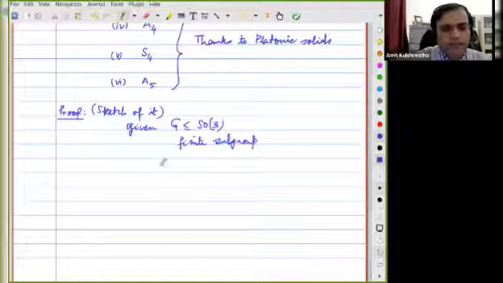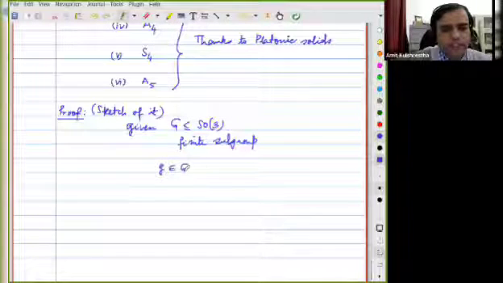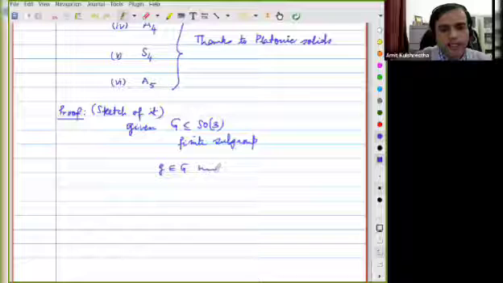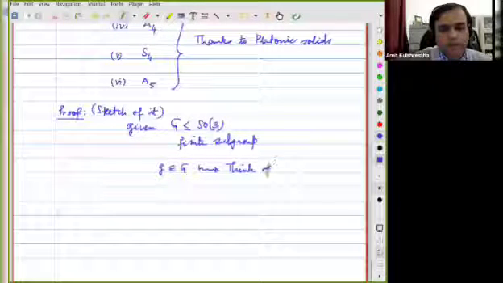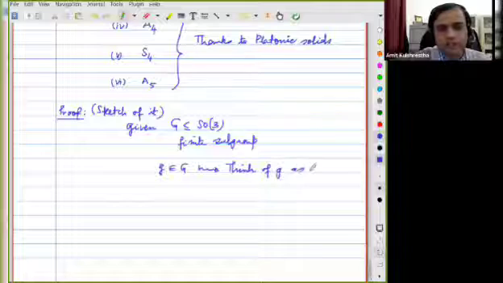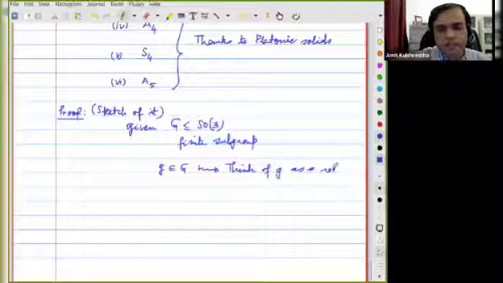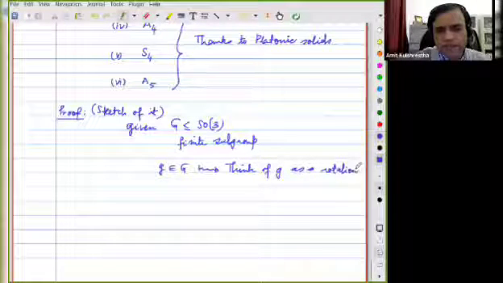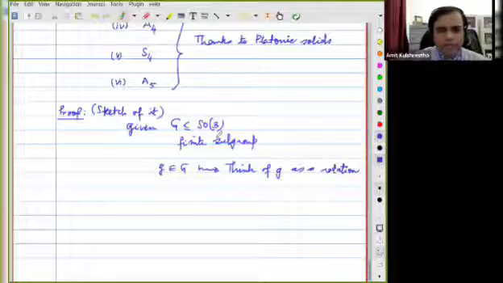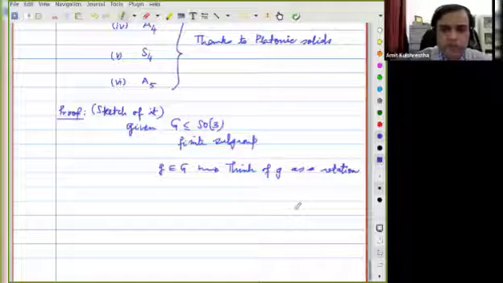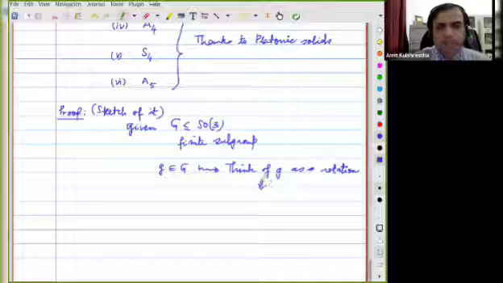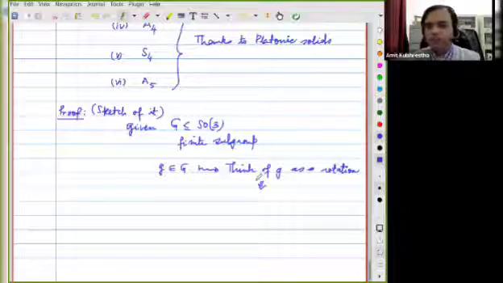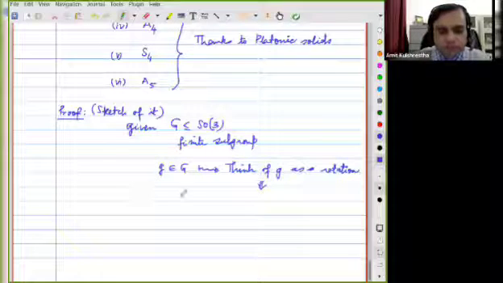So when I pick an element in G, think of it as a rotation, right? Because it is an element of SO3. It's claiming to be a subgroup of SO3, so better it be a rotation. So it is a rotation, and therefore it has an axis. Every rotation has an axis.